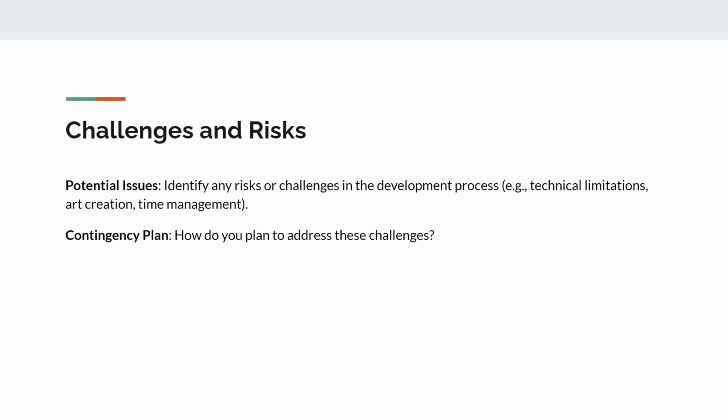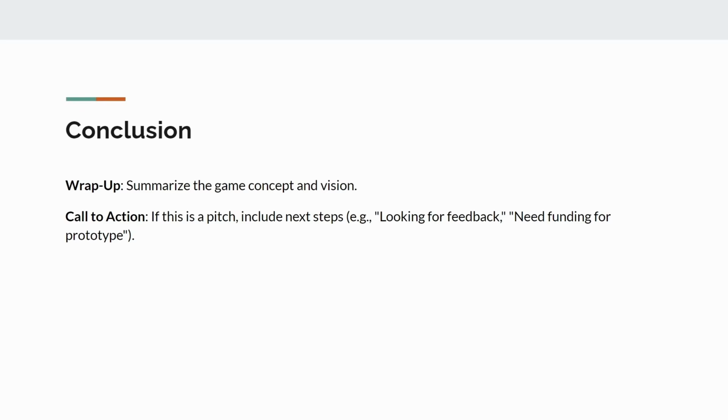I'll just quickly go over all the slides you need right after I finish this slideshow. But yeah, then we have the conclusion, which is just you summarizing what the game concept is, what your vision is, why you want to make this. And we also have something called call to action.